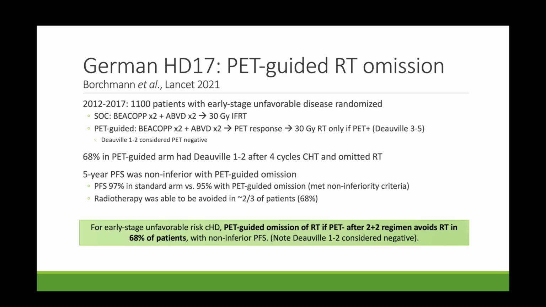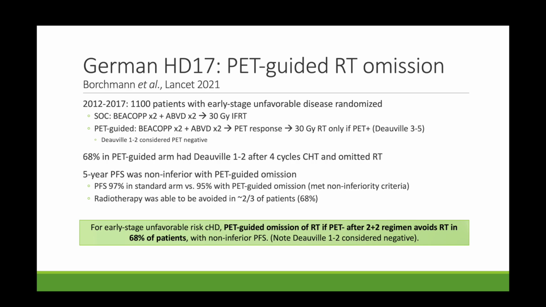And when they looked at the progression-free survival, it was actually non-inferior with PET-guided omission. So the progression-free survival was 97% with the standard arm versus 95% with PET-guided omission, and that did meet the non-inferiority criteria. So all these studies that we've done so far showed that with the omission of radiation, progression-free survival was not non-inferior.